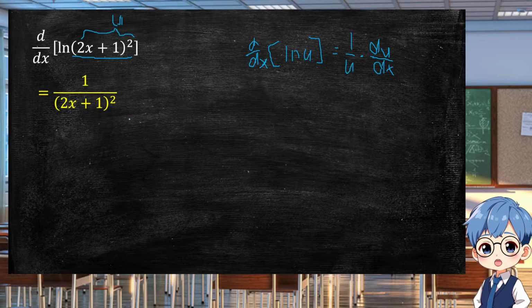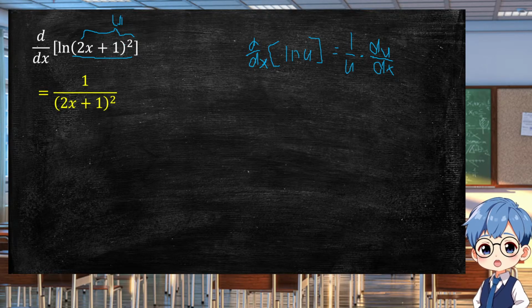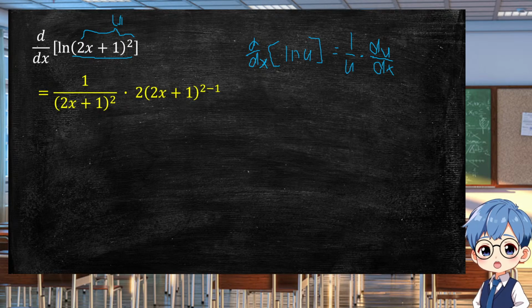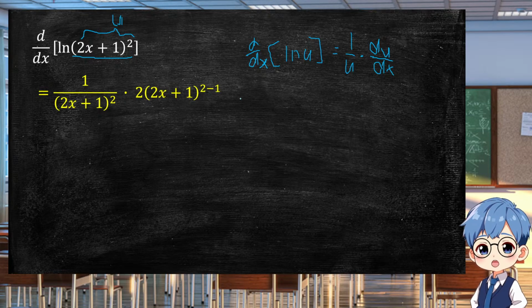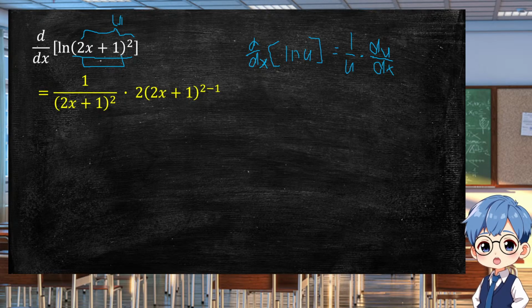Then we get the derivative of the argument, which is (2x plus 1) squared. Here we apply chain rule. We put 2 first, so times 2, followed by 2x plus 1 raised to the power of 2 minus 1, because it's chain rule. And then lastly, we get the derivative of the innermost function, 2x plus 1.